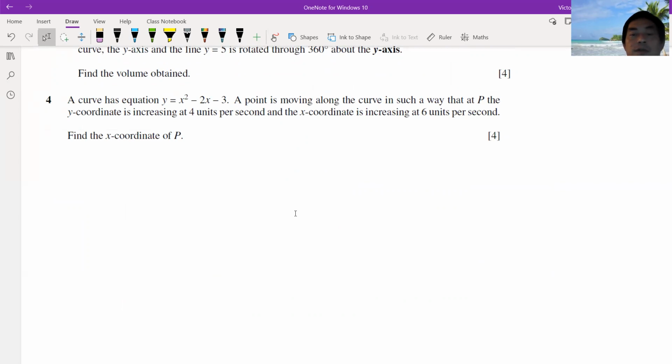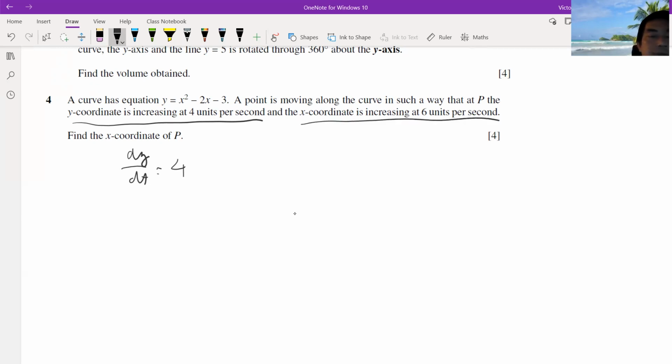A point is moving along the curve such that at P, the y coordinate is increasing at 4 units per second. This gives you dy over dt equals 4. And the x coordinate is increasing at 6 units per second. This gives you dx over dt.